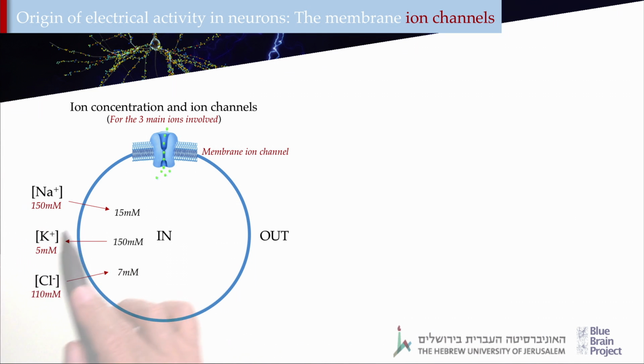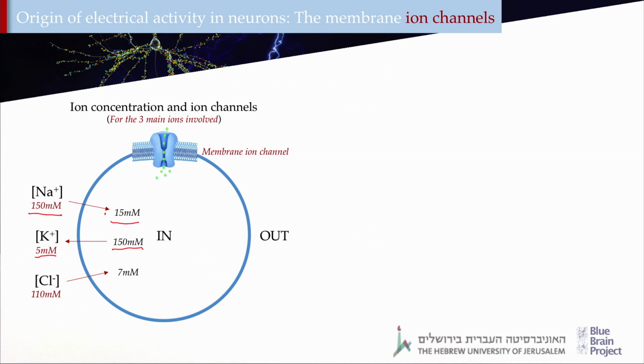So let's look at the sodium ion. You can see that on the outside it is highly concentrated compared to the inside. So if I now open a channel for the sodium, the direction of flow will be from the outside into the inside. In the case of potassium, you see it's highly concentrated in the inside and less concentrated on the outside.